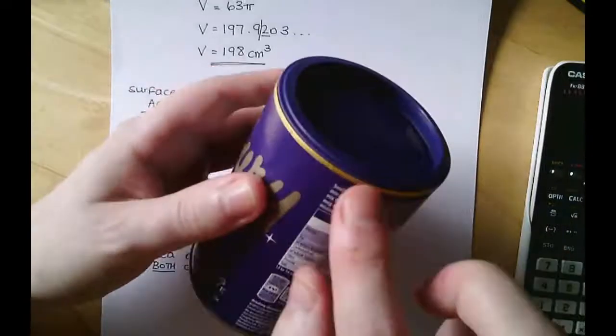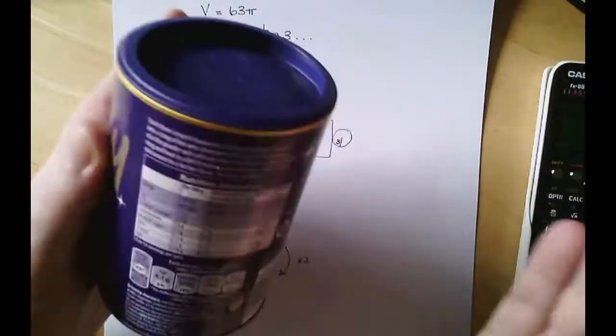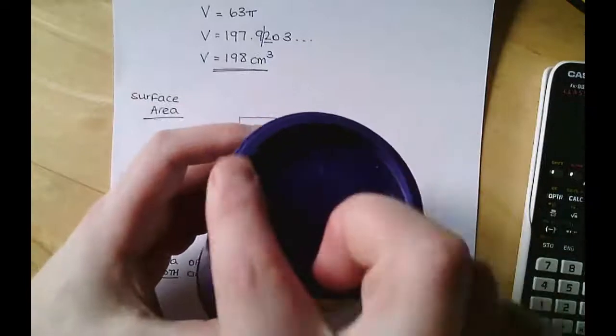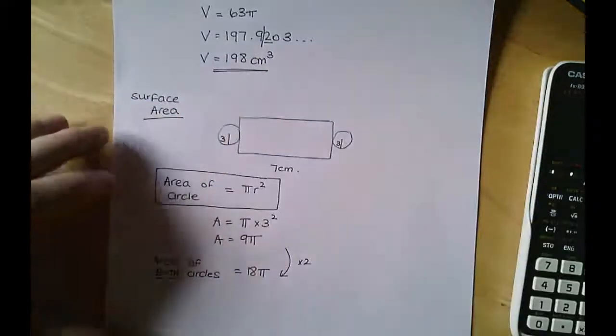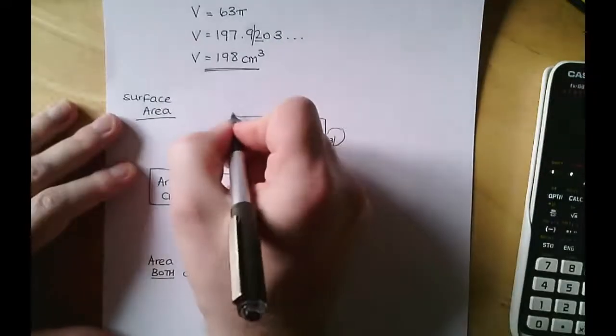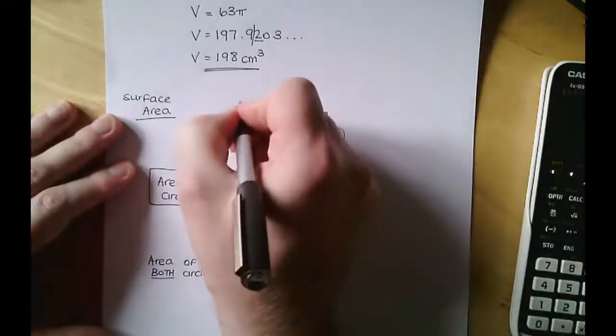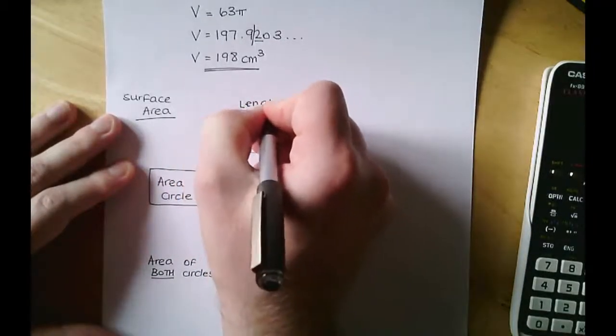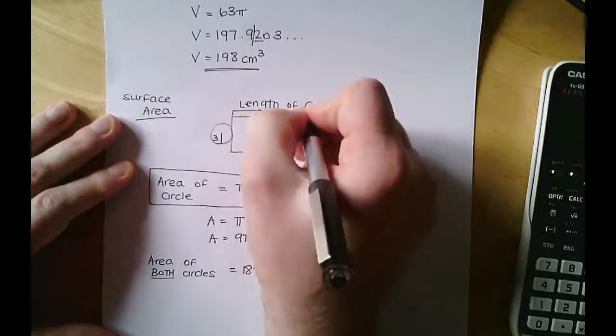So if I took the label off and unwrapped it, it would be the length of the circumference.